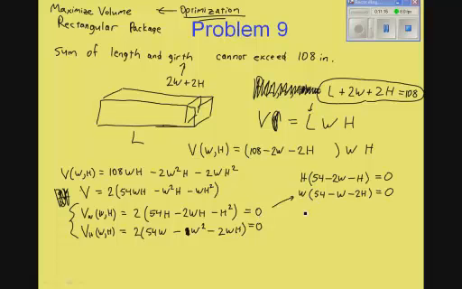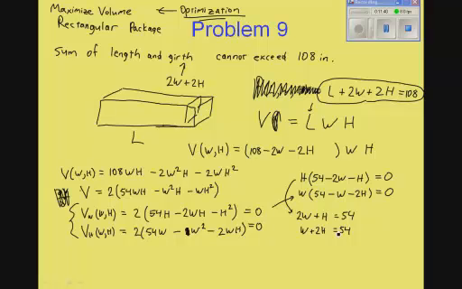Okay. So the more interesting solution is this. From the first equation, 2W plus H is 54, and we also need W plus 2H is 54. Okay? And this could be solved very easily.